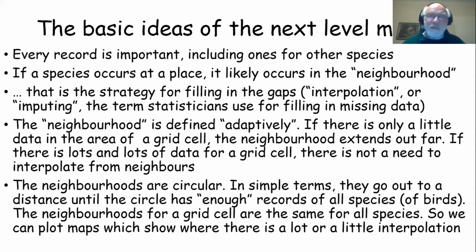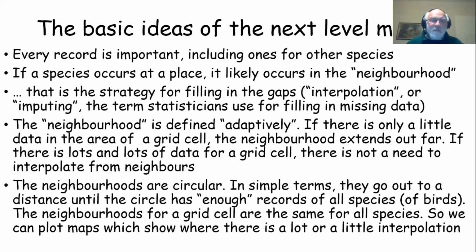The maps that I'll be talking about use every record, not just the records for the species that we are mapping as the next species to map. And there's also a fundamental assumption, which may or may not be right. If a species occurs at a place, it is likely that it occurs in the neighbourhood of that place, where neighbourhood is very vaguely defined at this point.